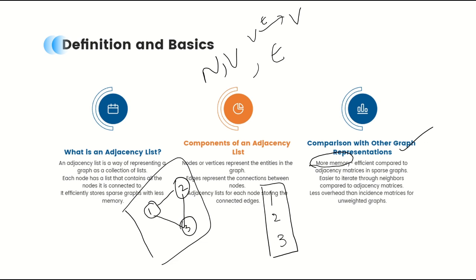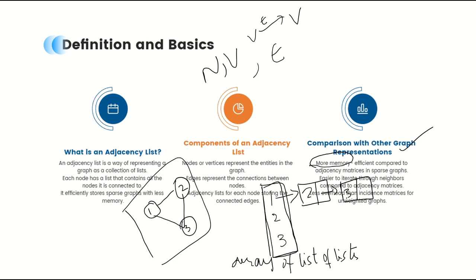This is an array of lists, and there is a proper reason why it is called that. Since this is an undirected graph, 1 is connected to both 2 and 3. It is connected with these nodes and ends with a null value.